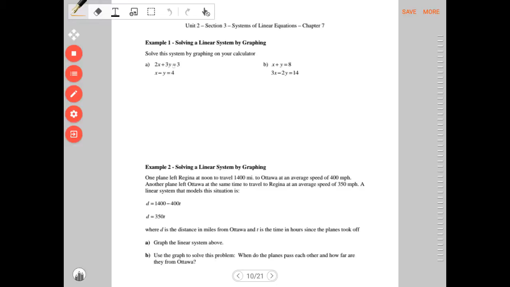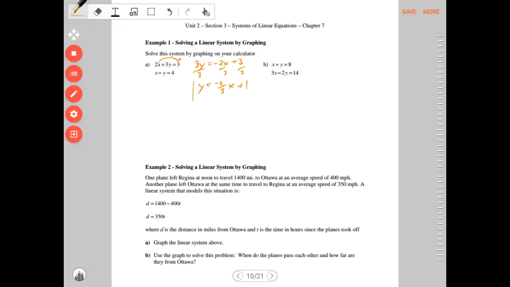So for this one, the 2x is going to come over, so 3y equals -2x plus 3. The 2x just comes over, and then we divide by 3. So then you get y equals -2/3 x plus 1.